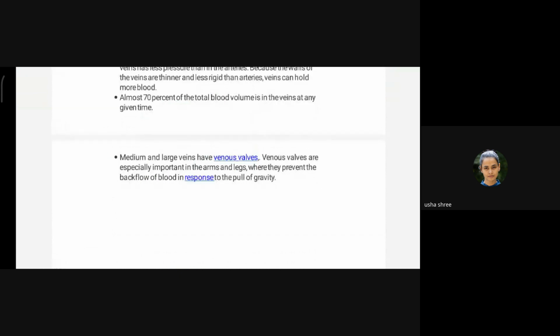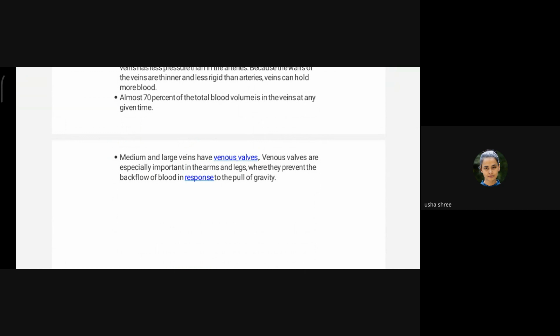Now, medium and large veins have venous valves. Venous valves are especially important in the arms and legs, where they prevent the backflow of blood in response to the pull of gravity.